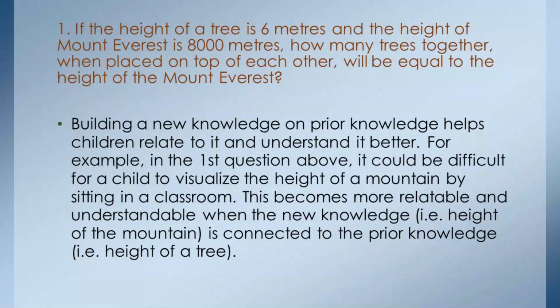For example, in the first question above, it could be difficult for a child to visualize the height of a mountain by sitting in a classroom. This becomes more relatable and understandable when the new knowledge, the height of the mountain, is connected to the prior knowledge, the height of a tree.